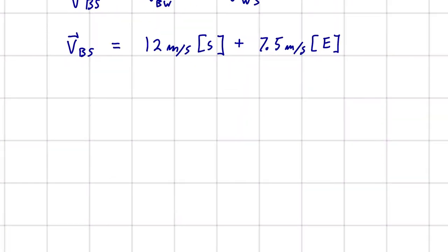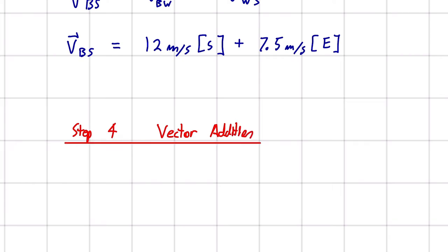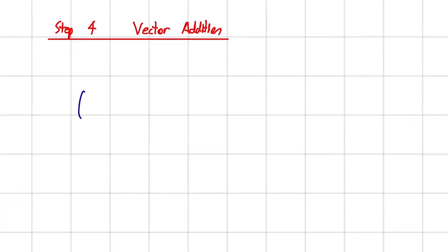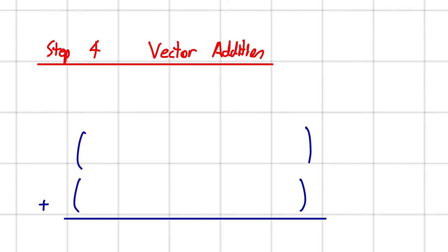So step four is going to be our vector addition. With our vector addition, this should be familiar. Here we have our east/west coordinate and our north/south coordinate.